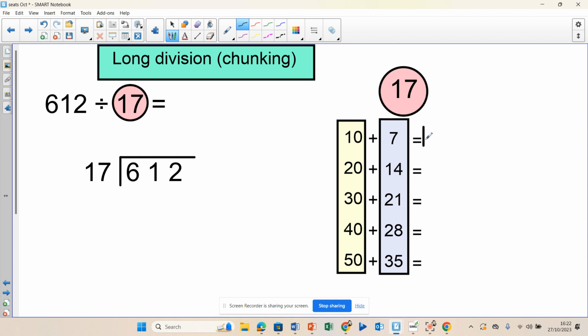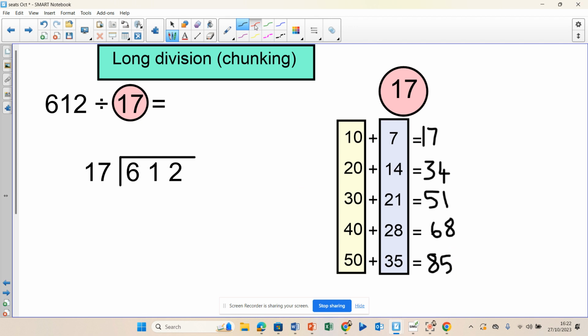So 10 add 7 is 17, 20 add 10 is 30, 30 add 4 is 34, 30 add 20 is 50, 50 add 1 is 51, 40 add 20 is 60, 60 add 8 is 68, and 50 add 30 is 80, 80 add 5 is 85.